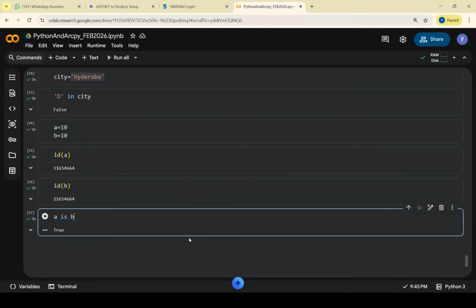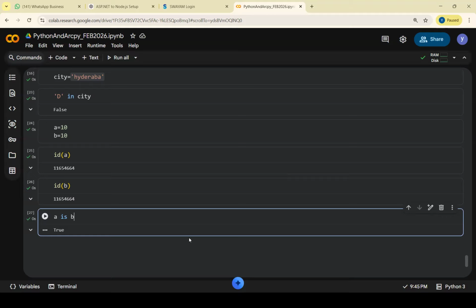Why? Because for both variables a and b, first, as you have seen, the value is the same: a is equal to 10, b is equal to 10. And after that, if I check the memory location, that memory location is also the same.